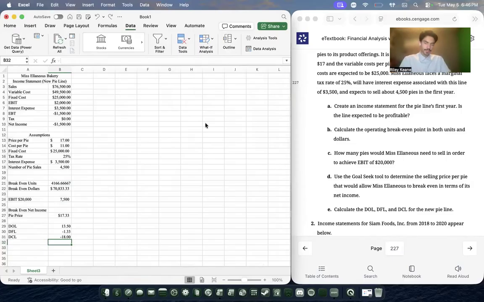So this can be a very useful feature for looking at some quick changes in certain numbers, and it could perhaps be faster than doing a scenario manager, but it is more limited than the scenario manager.